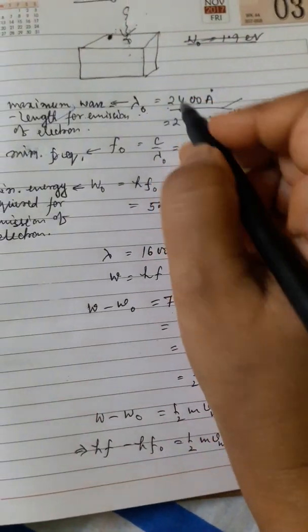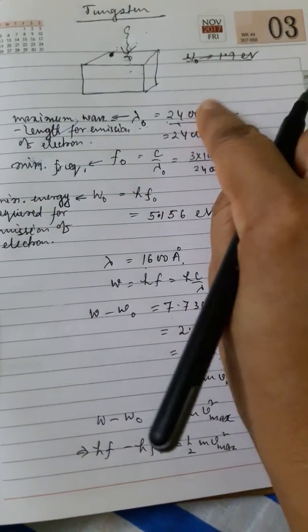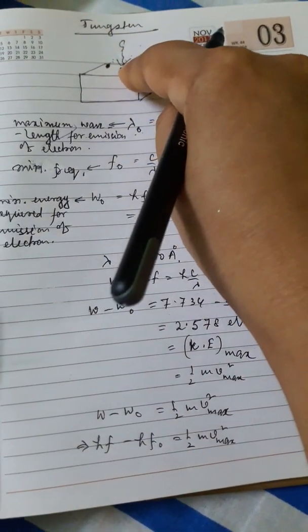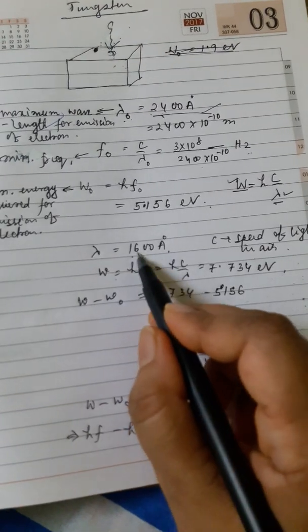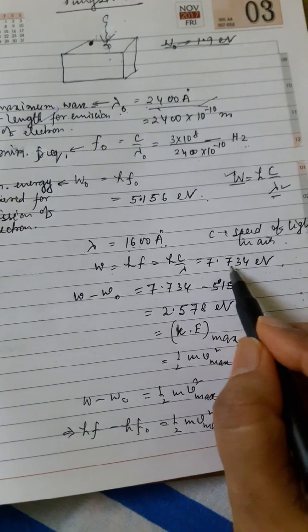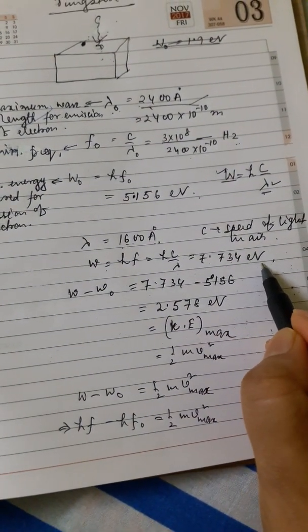Now, the wavelength is 1600 angstrom, meaning the wavelength has decreased. So, the energy of the incident photon is now more. The energy associated with this wavelength of light is 7.734 electron volt.